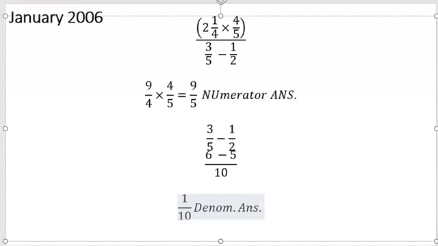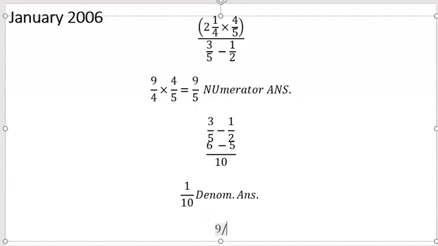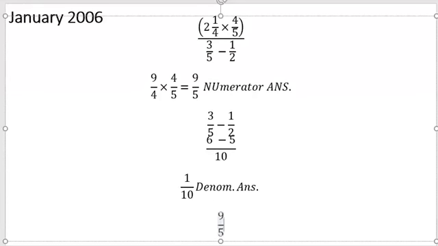So what we do now is put our fractions together, and we will have 9 over 5 divided by 1 over 10. We can now change our division to multiplication. So we have 9 over 5, change our division to multiplication, and then flip the fraction that follows.